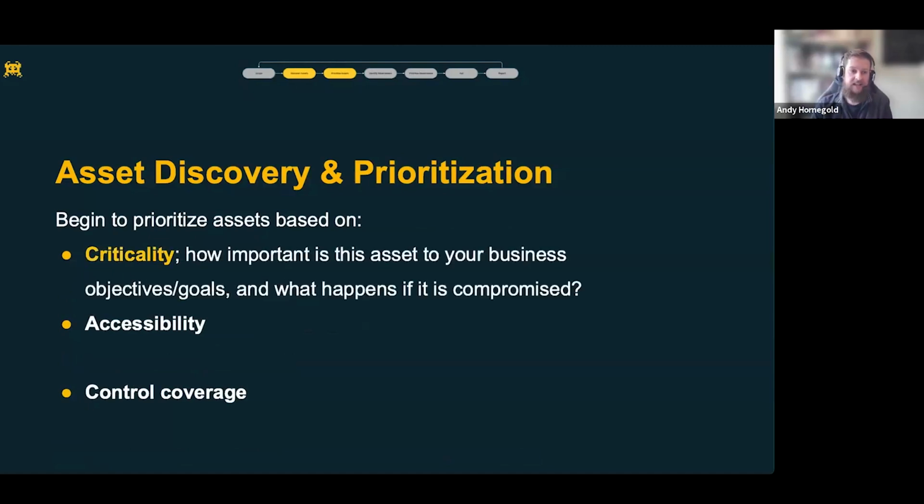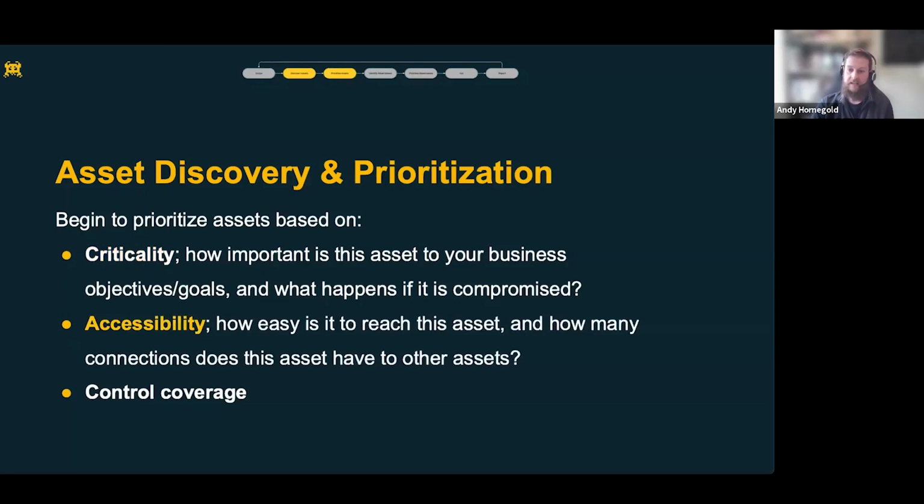So criticality is how important is that asset to your business objective? What happens if it's compromised? So if it is compromised, does it result in an attacker being able to delete everything in my environment, or does it just result in them being able to see some technical information which doesn't really have any bearing on my business? Accessibility, how easy is it for an attacker to reach that asset? Is it exposed to the internet?